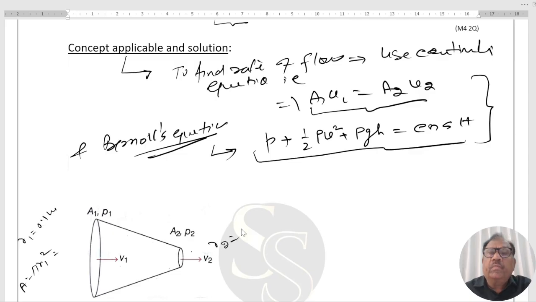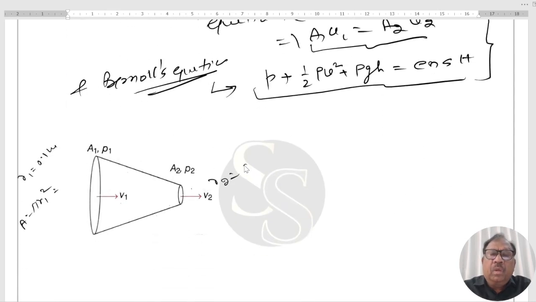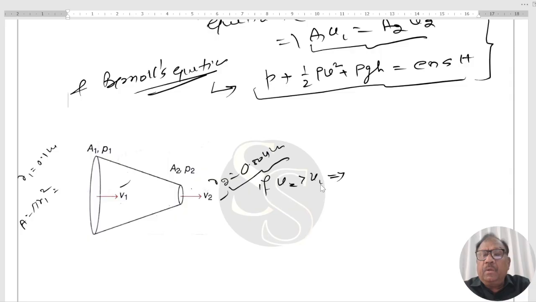R2 is 0.004 meter. Let V1 be at this larger area, V2 at this. If V2 is greater than V1, then the area decreases and the pressure will increase, right?